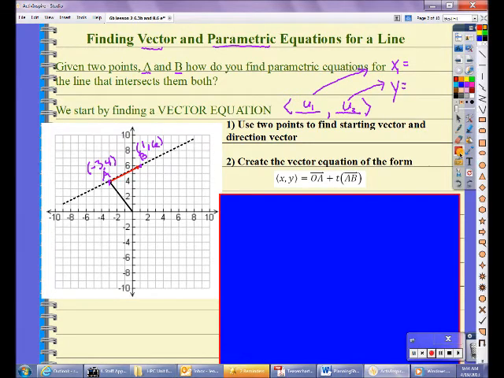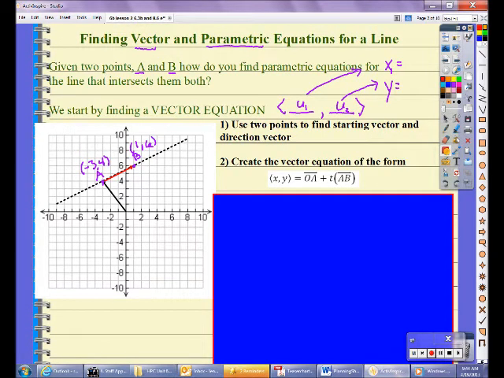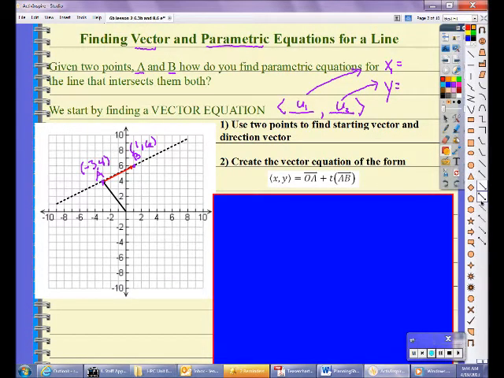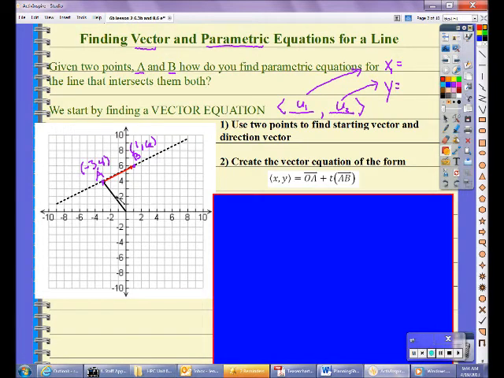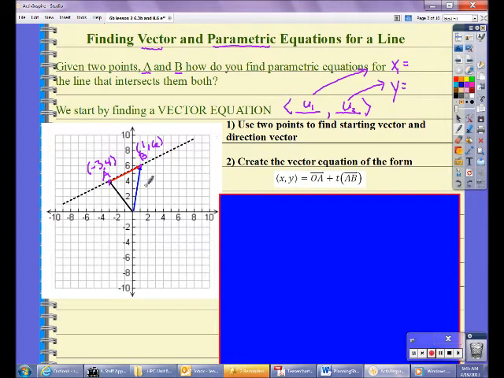Well, we have this idea that if we add these 2 vectors, we will get the vector going from the origin to B. So this vector plus that vector equals the sum of the vectors here. And that sum of vectors gets us one other point on the line.